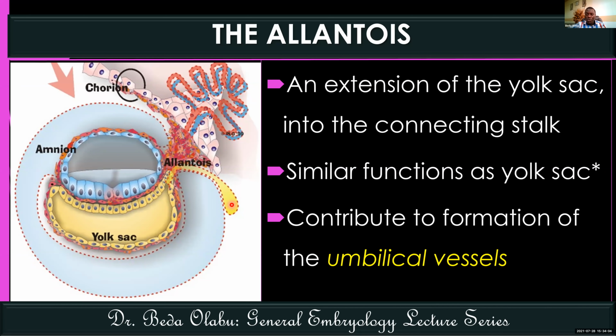Initially, we have 2 umbilical veins and 2 umbilical arteries, but one of the umbilical veins disappears, so that eventually we have 2 umbilical arteries and 1 large umbilical vein, all contained within the umbilical cord. And you remember, this was surrounded by some embryonic connective tissue, which we call Wharton's jelly.